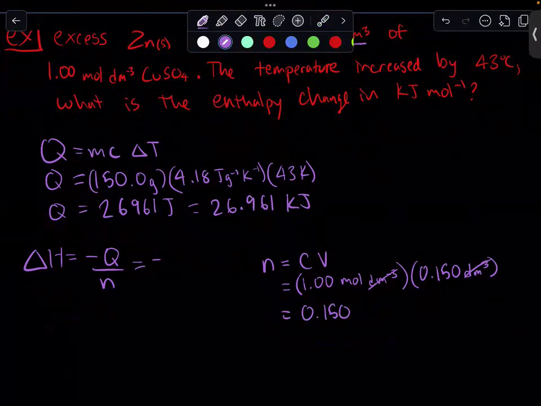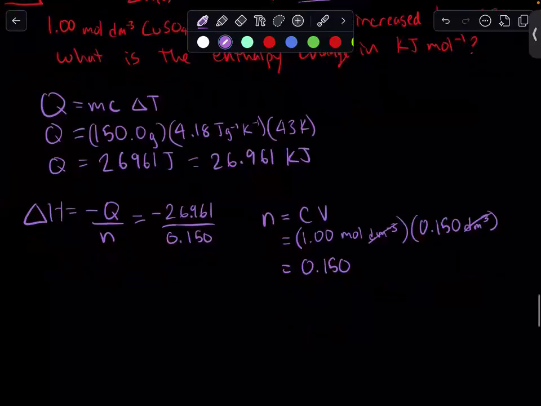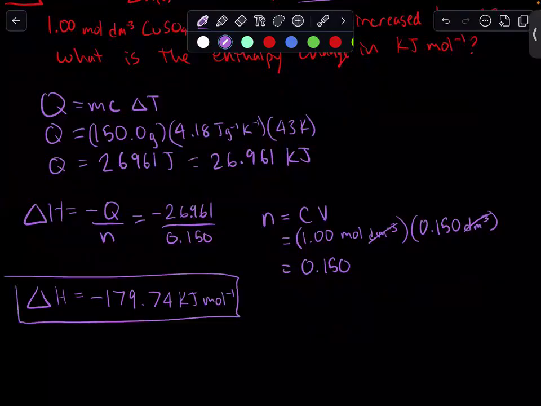So we can plug these values in, negative 26,961 divided by 0.150, and we can get that our final answer is the enthalpy change is going to be equal to negative 179 kilojoule, or 179.74 kilojoules mole inverse. So this is how we use the assumptions.